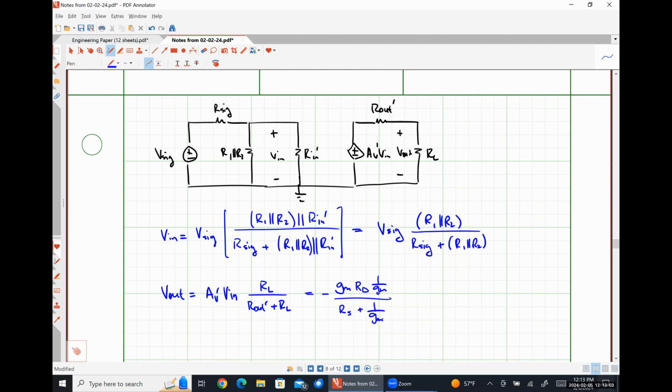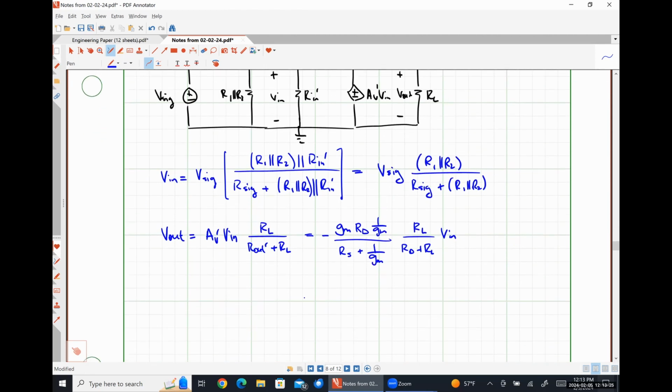So that's my Av, times RL over Rout prime, which was RD plus RL. I'm putting my Vin in here. So to me, I have an RD times RL divided by an RD plus RL. So that looks like RD in parallel with RL.